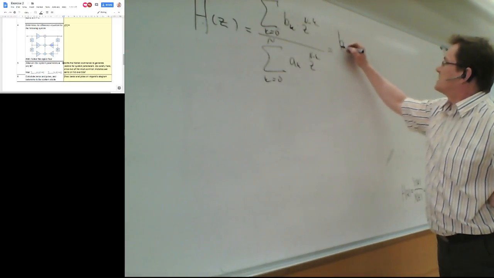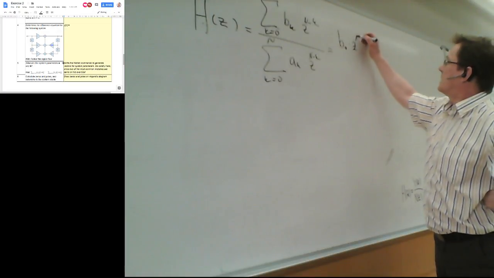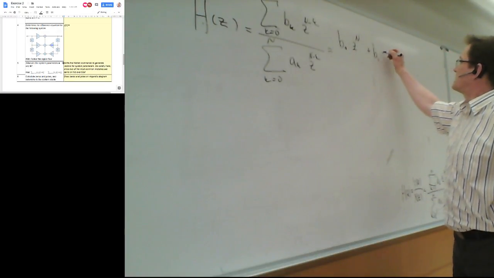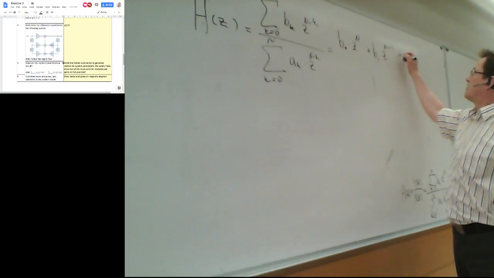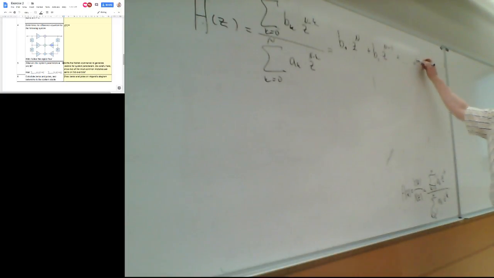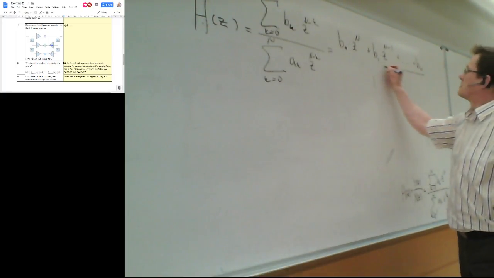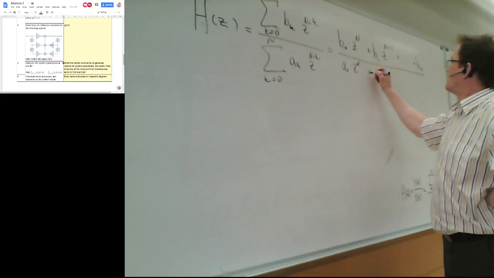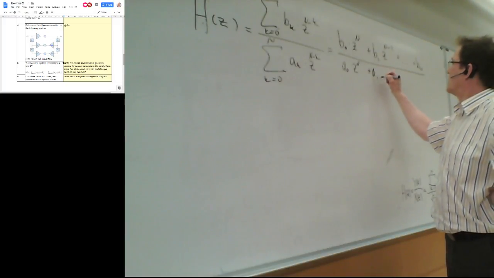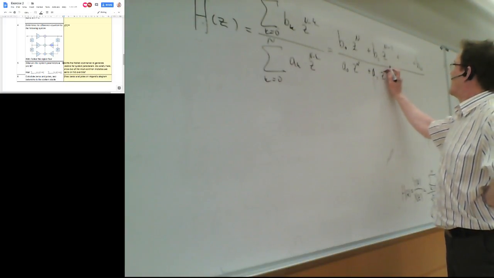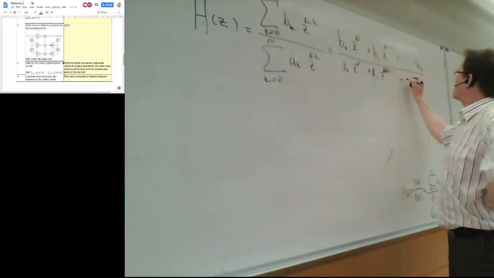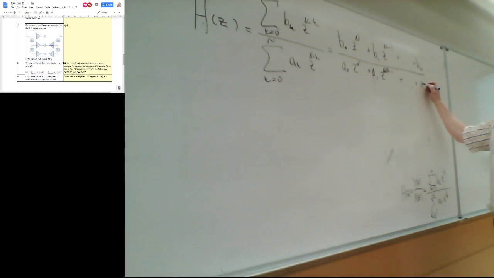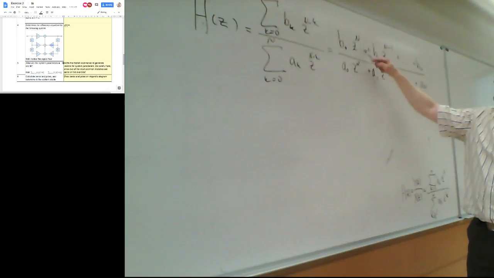So we have b0 times z to the n plus b1 times z to the n minus 1 and so on plus bn. Downstairs a0 times z to the n plus a1 times z to the n minus 1 and so on an.